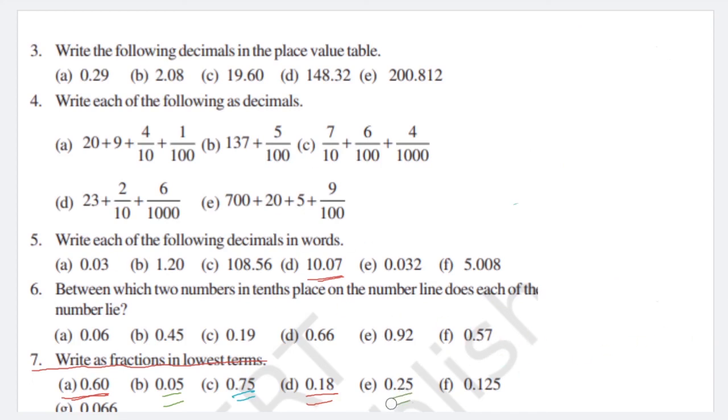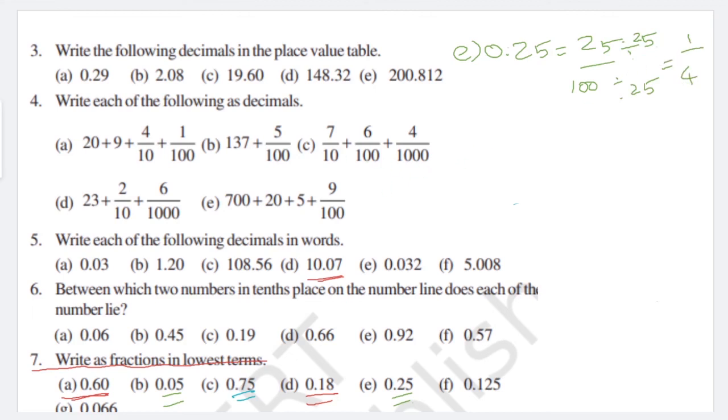Okay, coming to the next part, that is E. 0.25. 0.25 is equal to, see, after this point you have 2 digits, therefore it will be 25 divided by 100. You can divide both by 5 or 25. So divided by 25 you have 1 by 4.